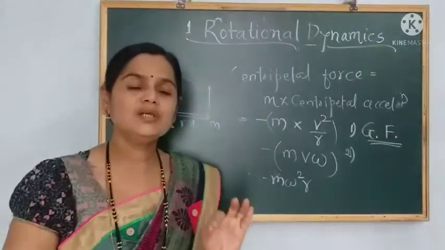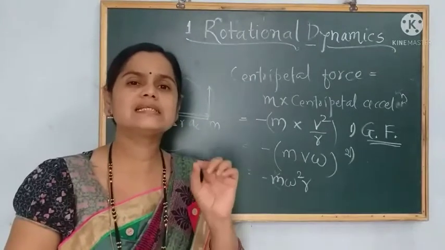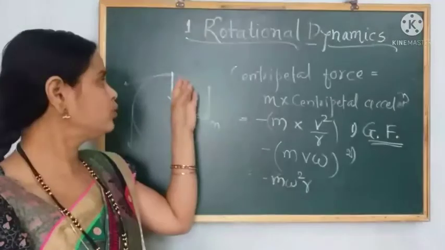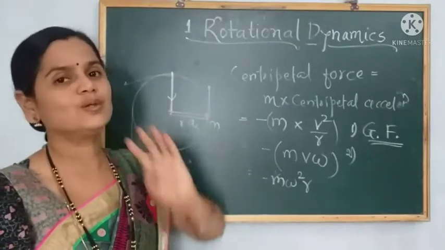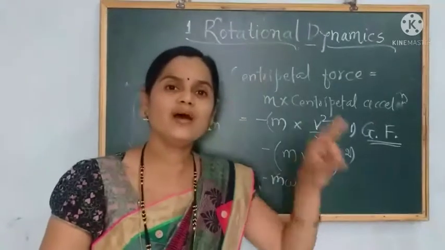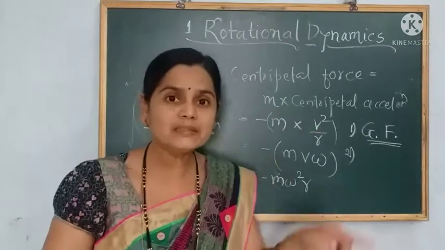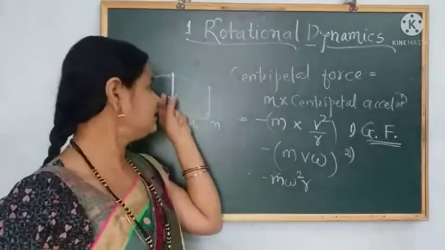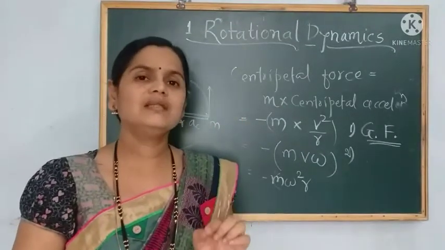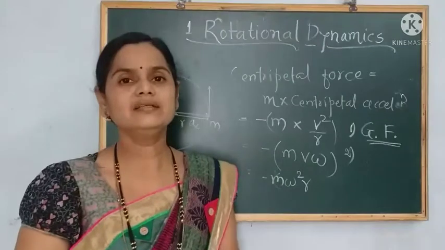Suppose this tension is loosened or the string gets slackened at any instant, obviously the stone will be thrown off tangential to the circle, or it cannot complete the circular loop. Means the tension in the string is released.